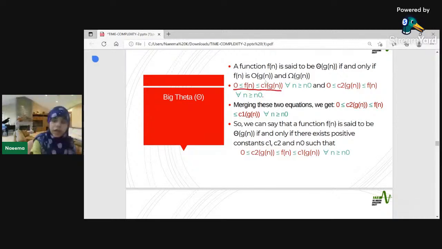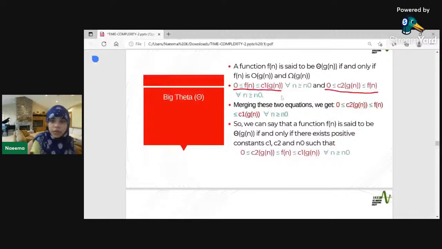Let's take the constant as c1 to avoid confusion. The condition is always the same for n greater than or equal to n naught. And this is the equation of big omega: 0 less than or equal to c2 g(n) less than or equal to f(n) for all n greater than or equal to n naught.